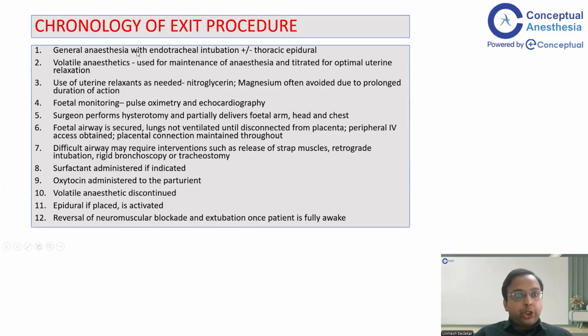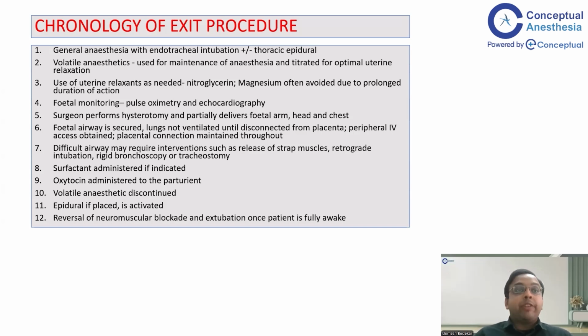After induction and favorable surgical conditions, the surgeon performs hysterotomy and partially delivers the fetal arm, the head, and the chest. Now, after the fetus is delivered, the fetal airway is secured, but the lungs are not ventilated until disconnection from the placenta has taken place.